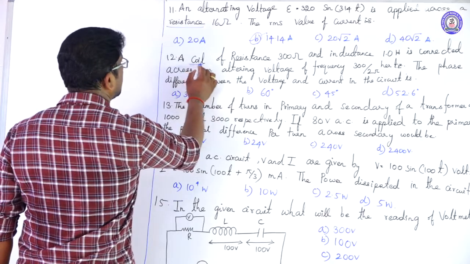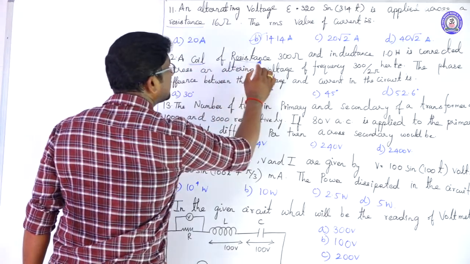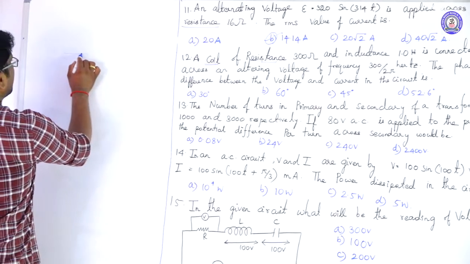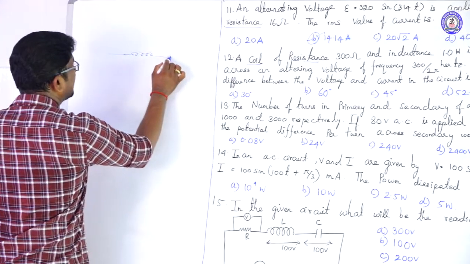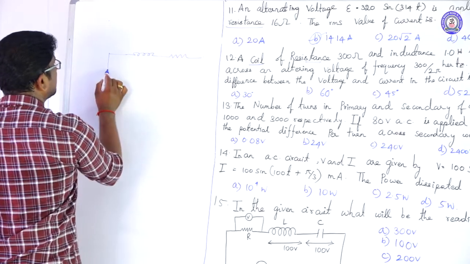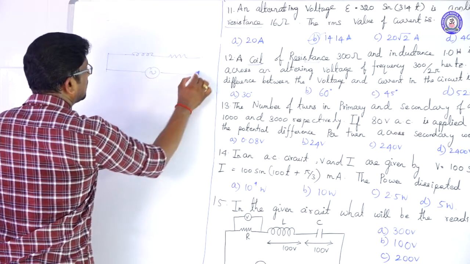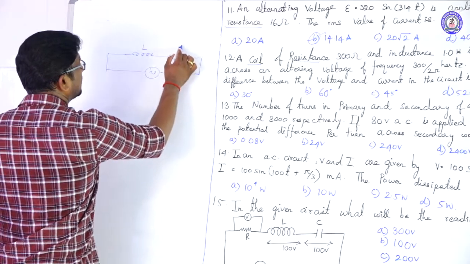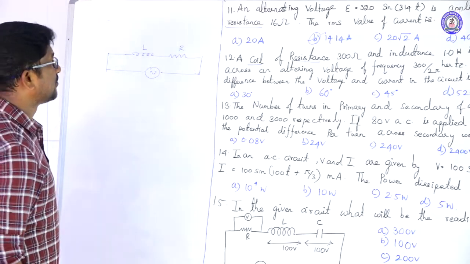Right, here the coil has both the resistance and also self-inductance. So it becomes like a series combination of inductor and resistor connected to the AC source like this. This is inductor and this is a resistor.